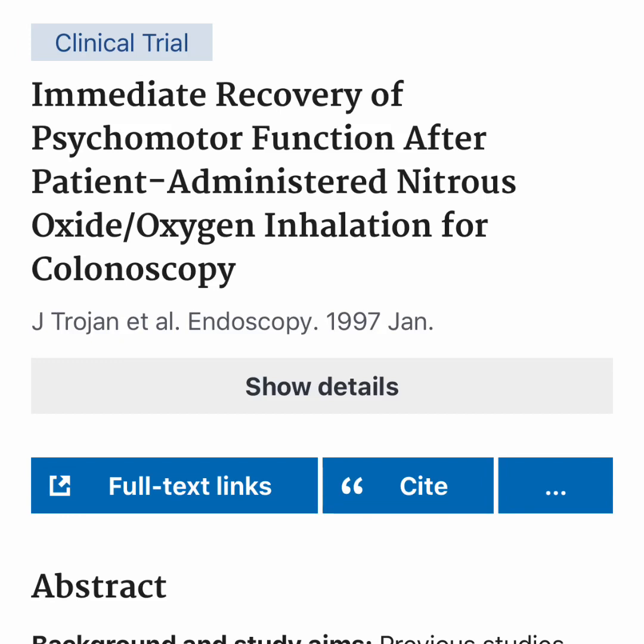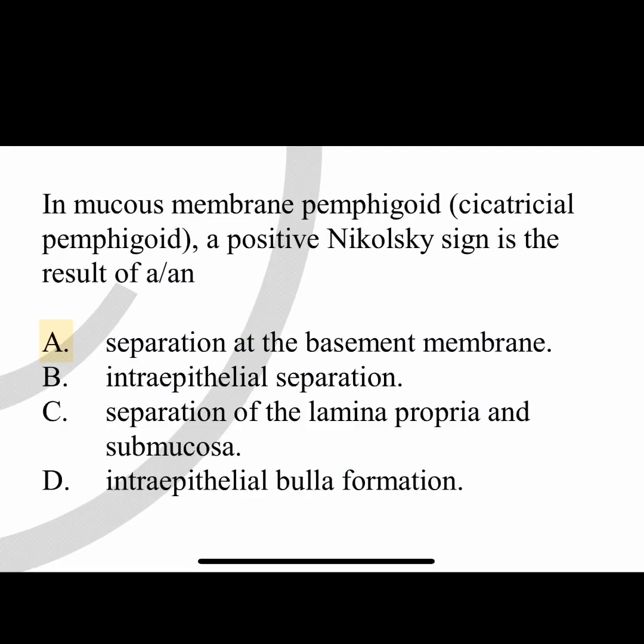In mucous membrane pemphigoid, a positive Nikolsky sign is the result of, answer is A, separation at the basement membrane. This is when the separation occurs at the level where the epidermis forms a junction with the basal layers, and the dermis starts from that point of the basement membrane.